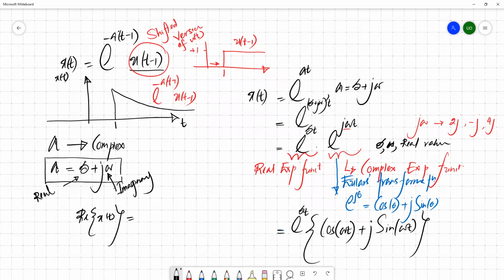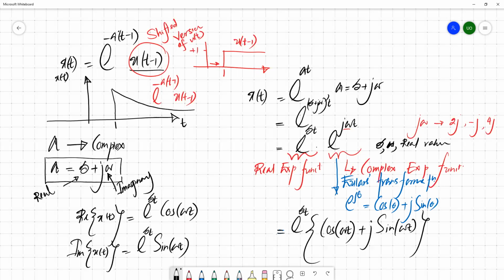The real component of x(t) is e to the power sigma t times cos omega t, and the imaginary component of x(t) equals e to the power sigma t times sin omega t.